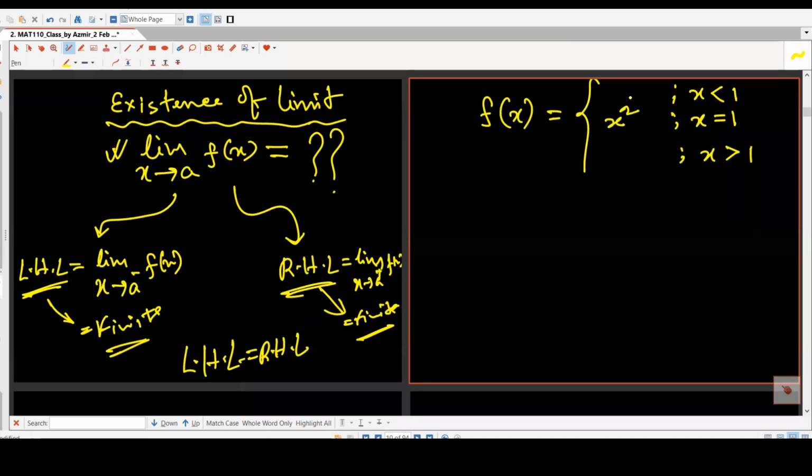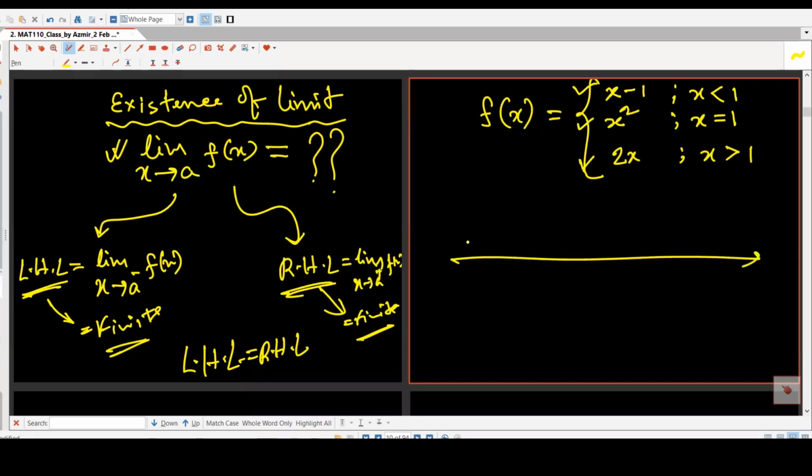For x less than 1, we have x minus 1. And for x greater than 1, we have, let's say, 2x. So we can say that the function f of x has three parts. First part, second part, and third part.